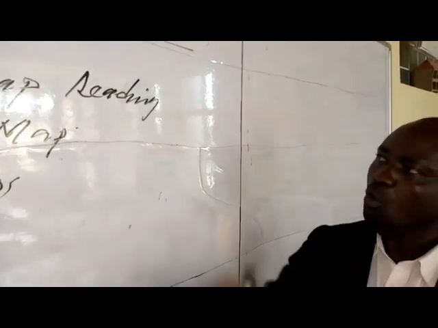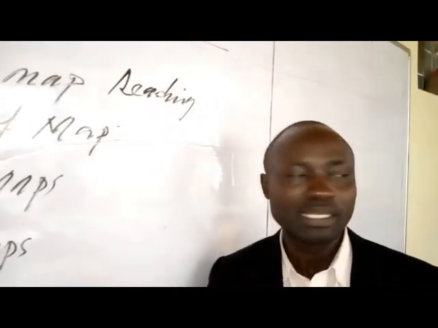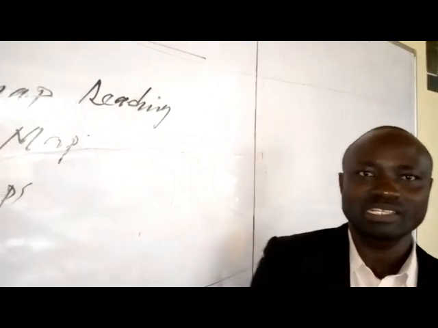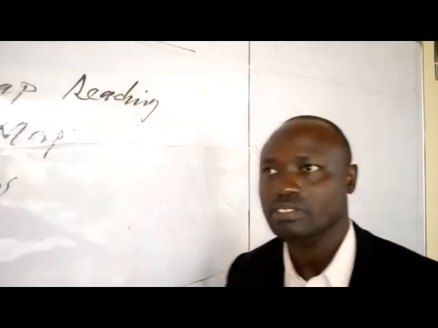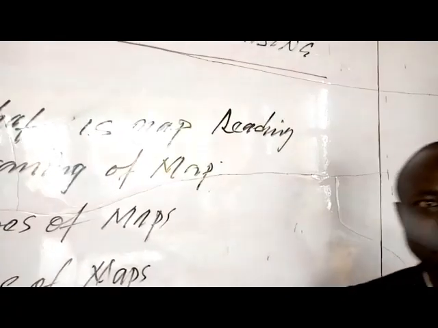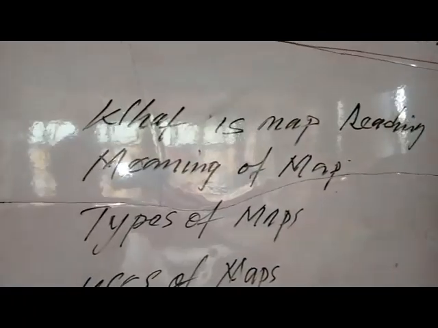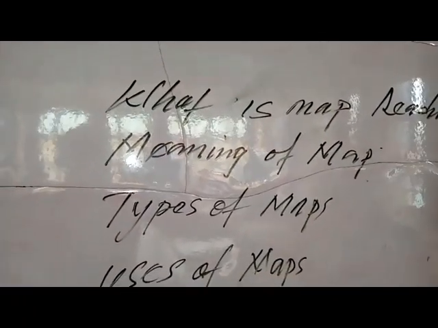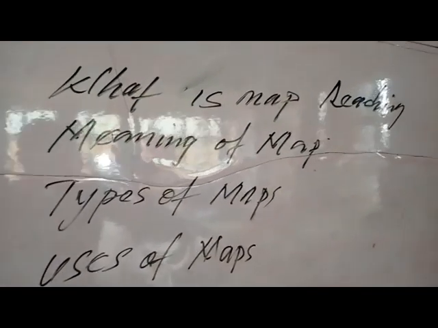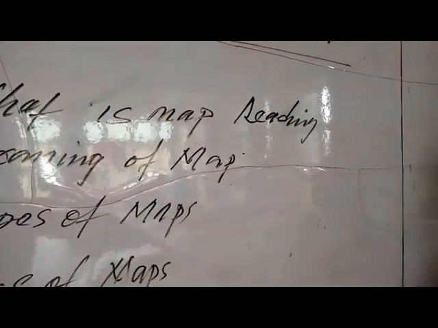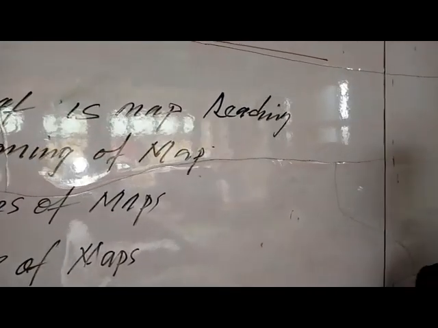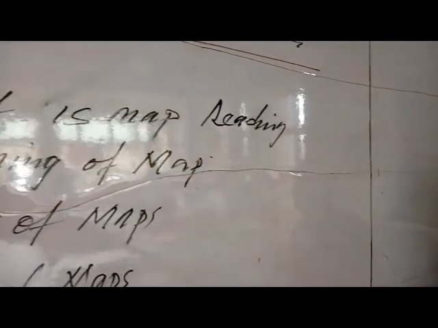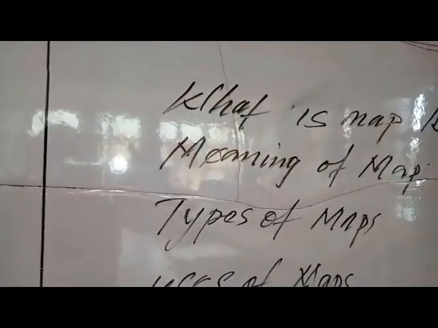Now, what is map reading? That is the ability to learn the skills on how to interpret, to analyze, to evaluate, to integrate, to identify features on a map, to be specific, features on a topographical map in particular.